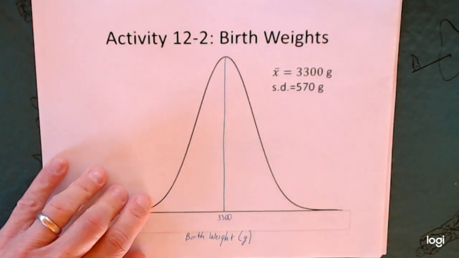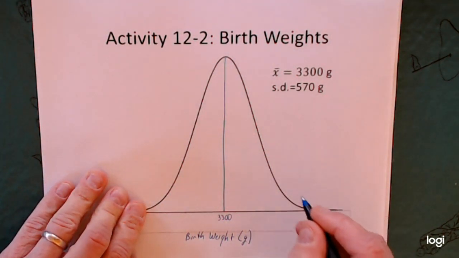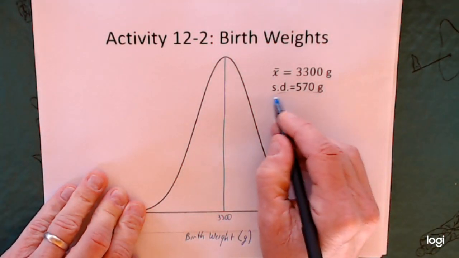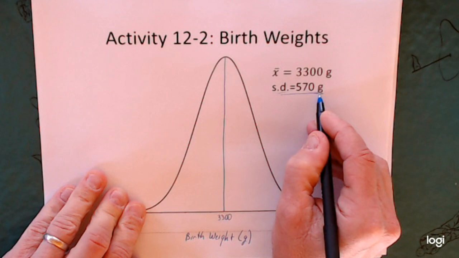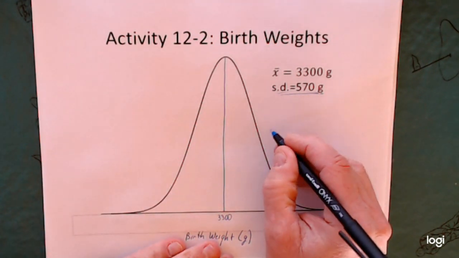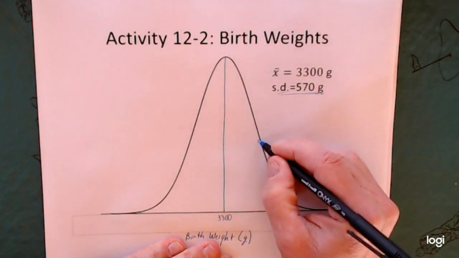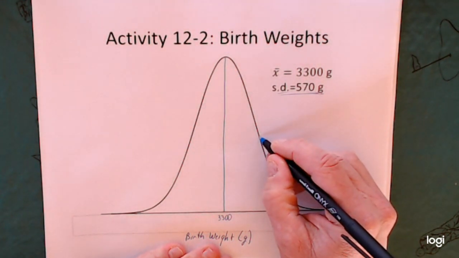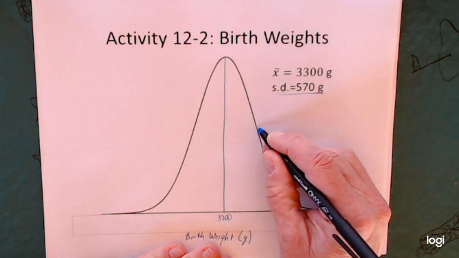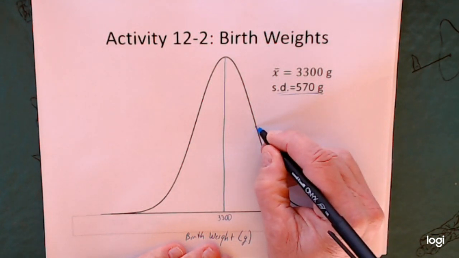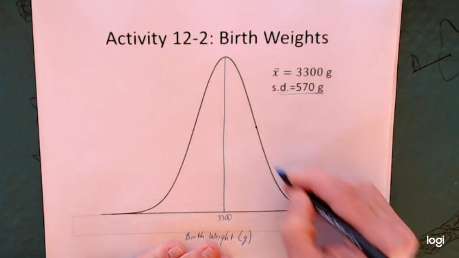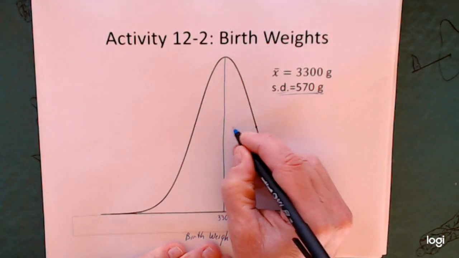Then if I want to get a good label, I have to use the standard deviation, which is 570, and remember what that means geometrically. One standard deviation is where your normal curve changes concavity from concave down to concave up. So I'm looking at somewhere around here. It's concave down, and then it becomes concave up, bent up. That's one standard deviation.